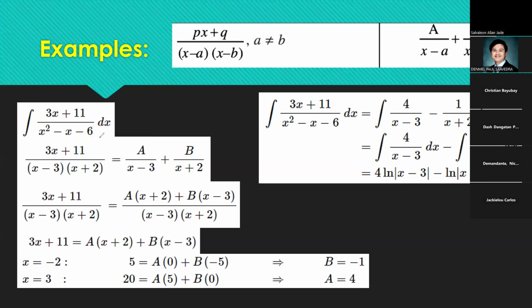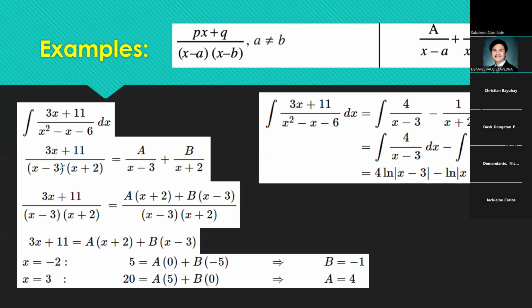Okay, so what we can do is factor this one into x minus 3 times x plus 2. Just multiply these two to each other and then you will get this, not that one, this. Okay, so after that, again, we'll apply the table that we had a while ago.